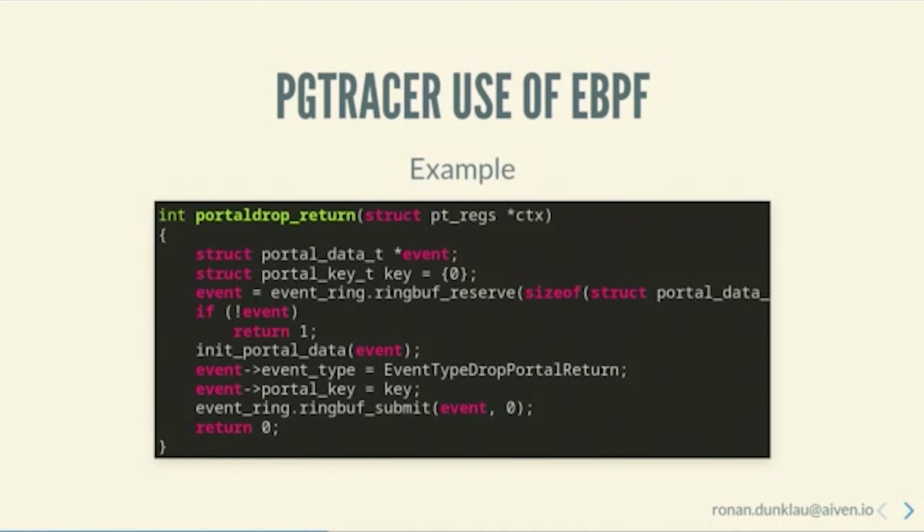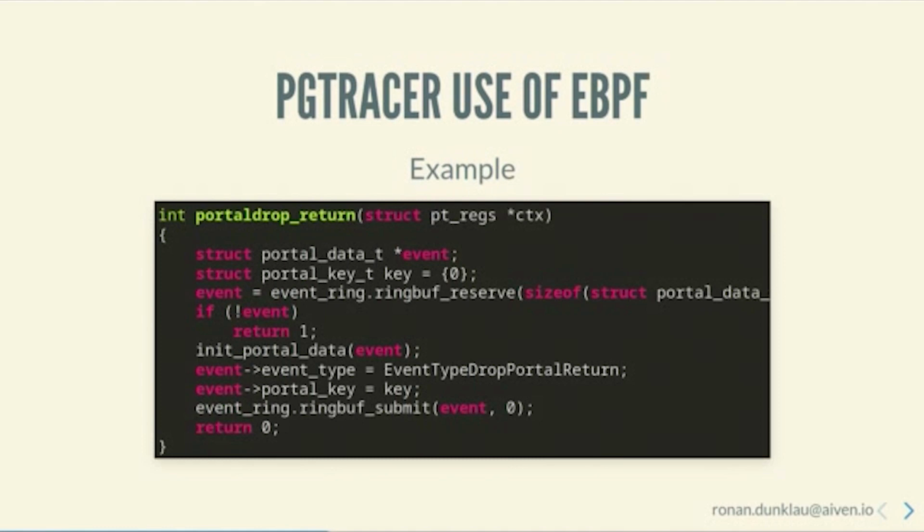So, for example, this is a small sample of eBPF code. It looks a lot like C, because it's some sort of C frontend, but it's actually not C, because it gets compiled to eBPF bytecode in the end, and not to machine code.